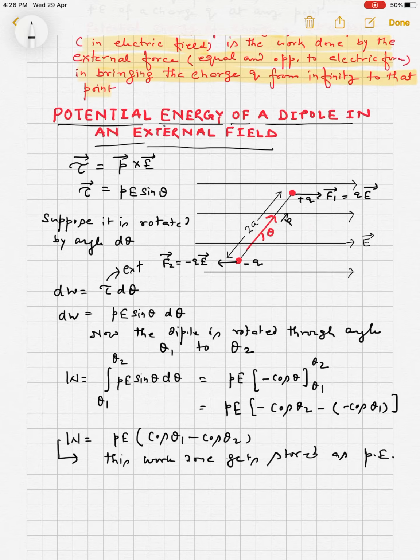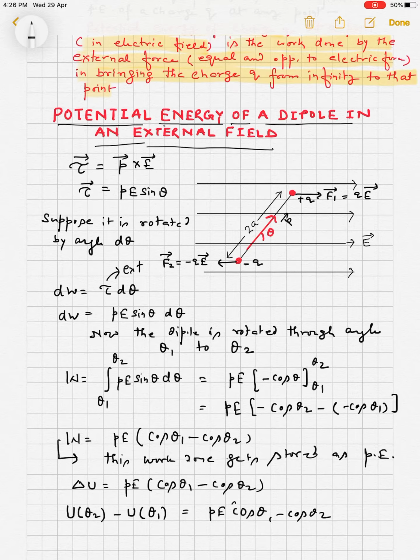It is not the energy, it is the change in potential energy, delta U. So delta U is equal to PE into cos theta 1 minus cos theta 2. So the change in potential energy, meaning the potential energy at orientation theta 2 minus the potential energy at orientation theta 1, is equal to PE into cos theta 1 minus cos theta 2.